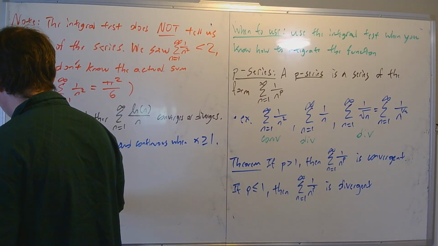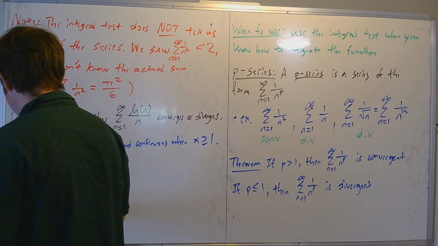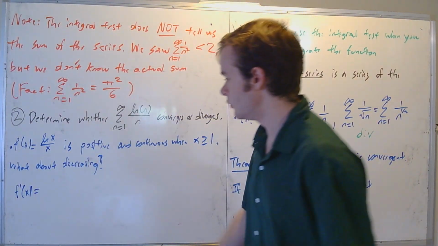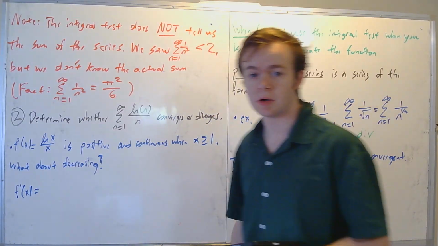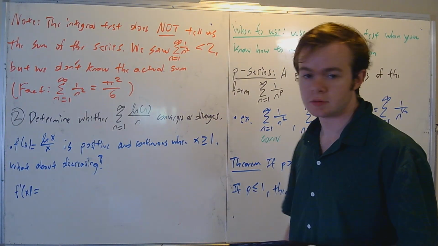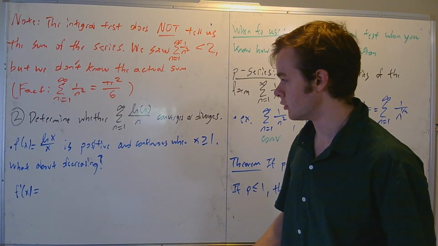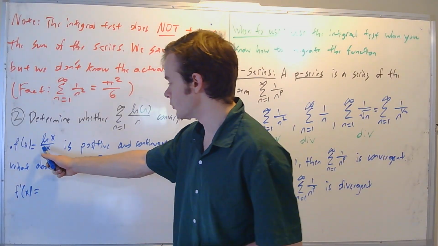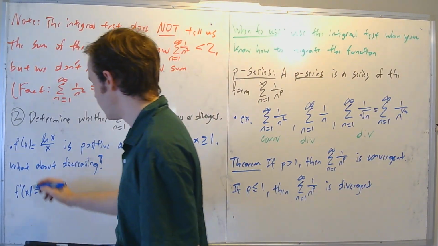So f prime of x is going to be equal to, remember the way we take the derivative of this function is by using the quotient rule. I'd encourage you to try to do this on your own.